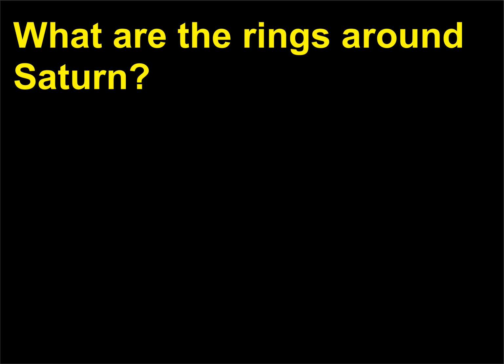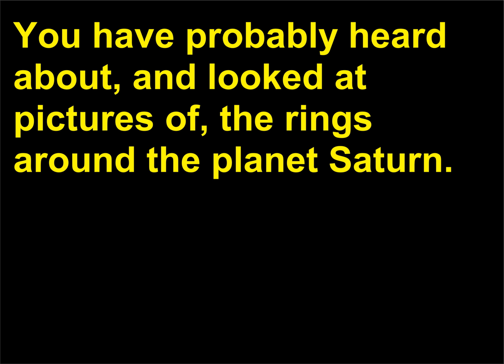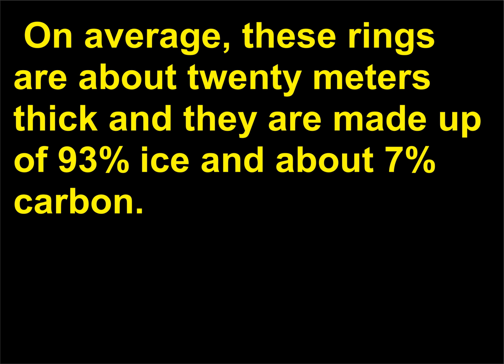What are the rings around Saturn? You have probably heard about, and looked at pictures of, the rings around the planet Saturn. On average, these rings are about 20 meters thick and they are made up of 93% ice and about 7% carbon.